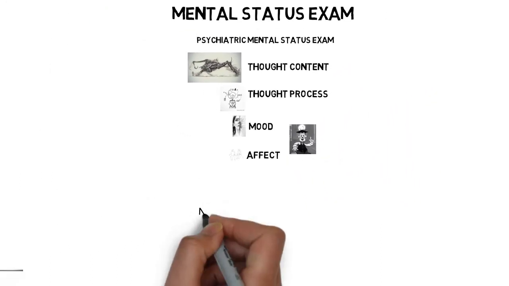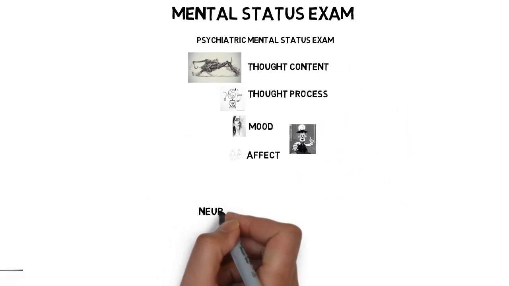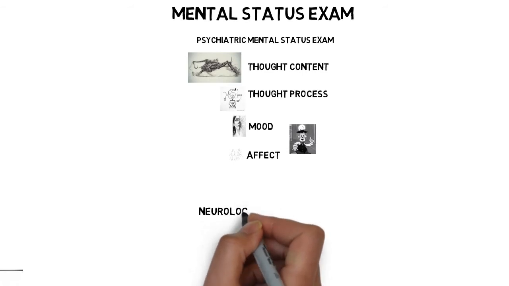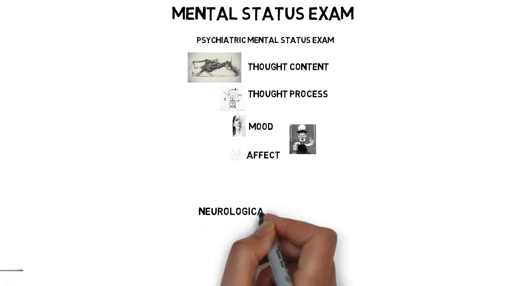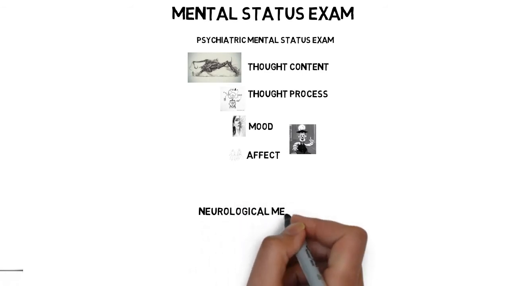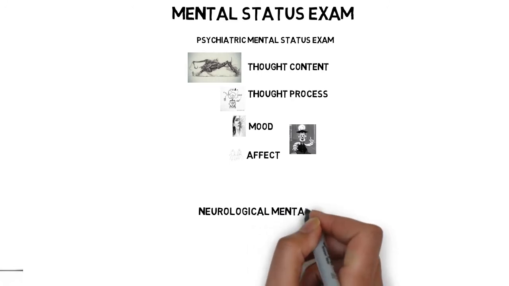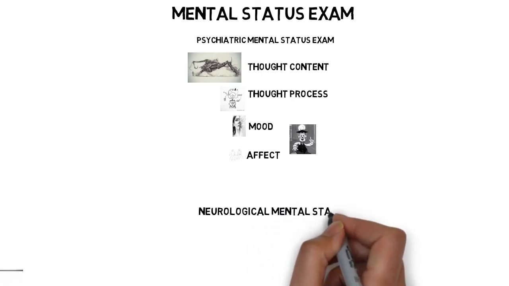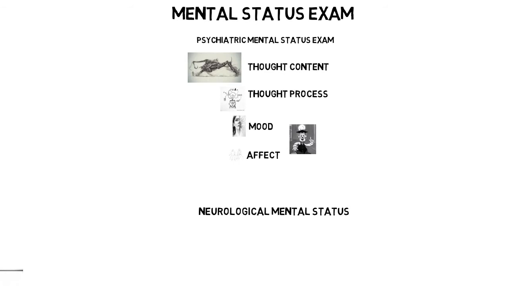And if you do this, you've done a pretty good psychiatric mental status, because you've already caught a huge part of what it means to be looking for the disorders. So there's lots of other parts. And so we'll take a look at the neurological mental status exam now. And there's some parts to it.